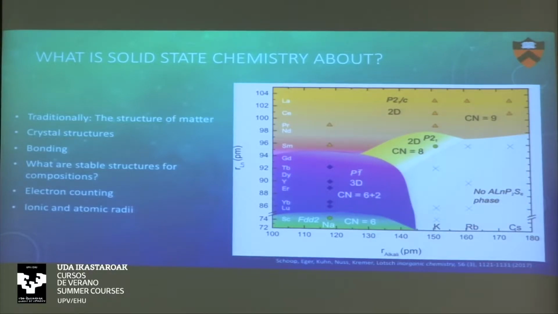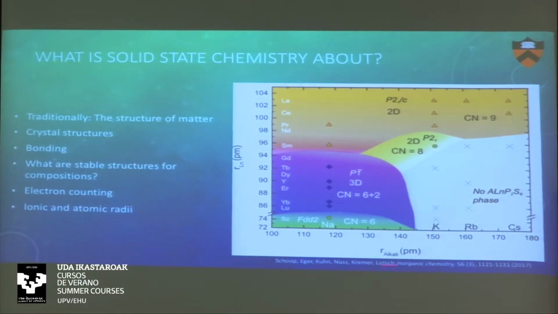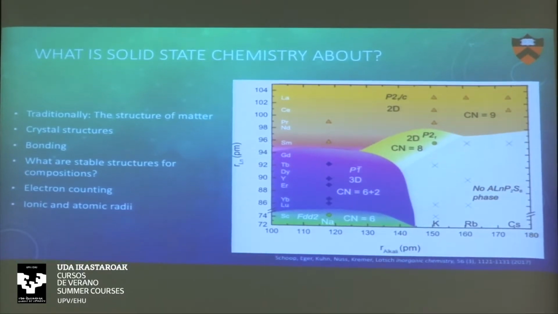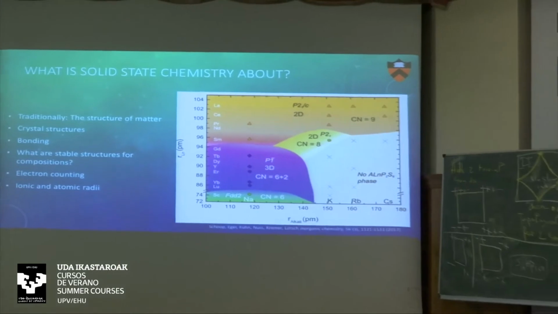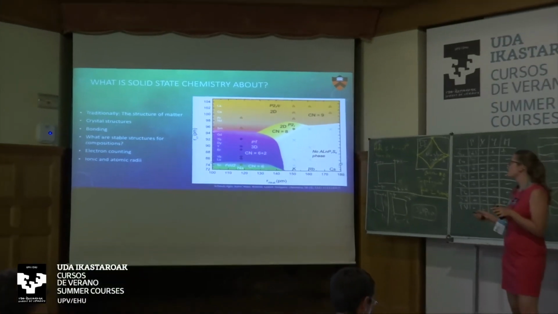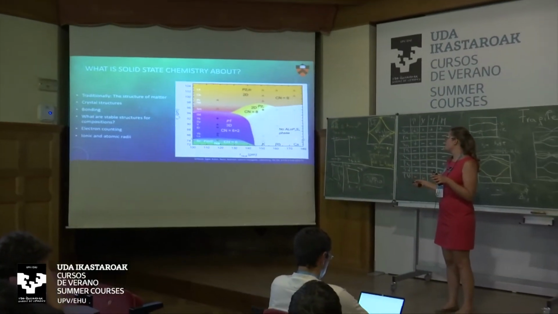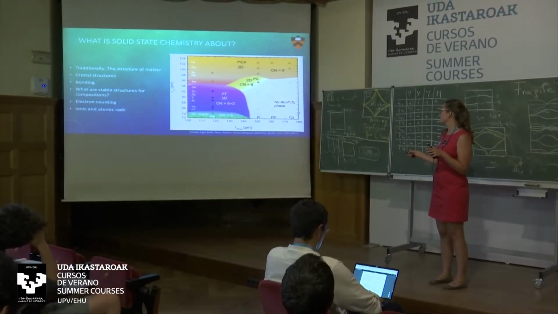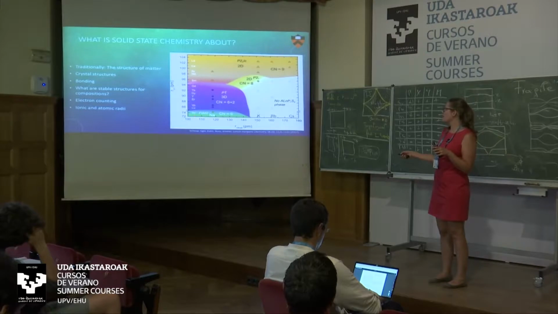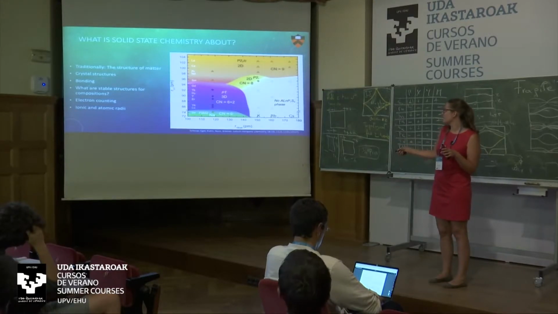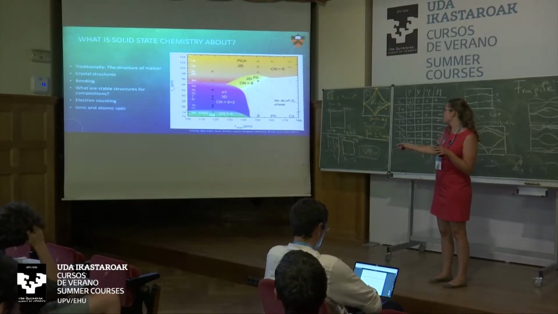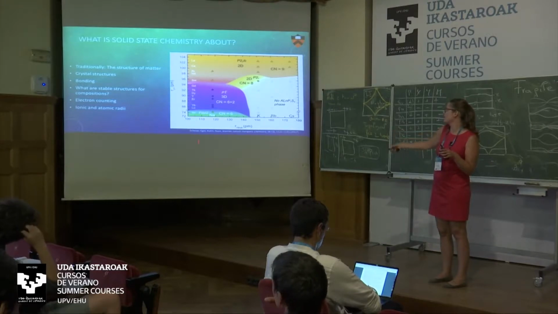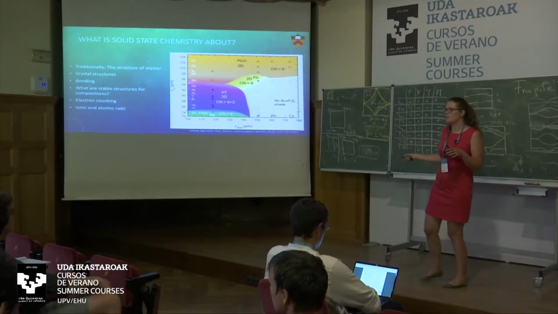And chemists have been successful figuring this out by making such things as structure maps, where this is, for example, one which is dependent on size, though it can be dependent on different factors, where you have phases which all have the composition A, Ln, and P2S6. The A atoms are plotted on one axis, whereas the Ln atoms are on the other one, and there the sizes of them are plotted.